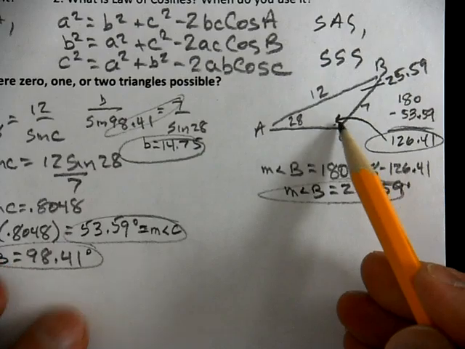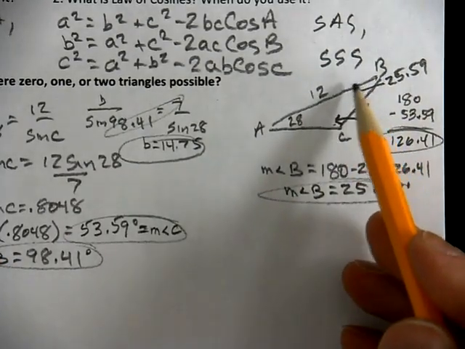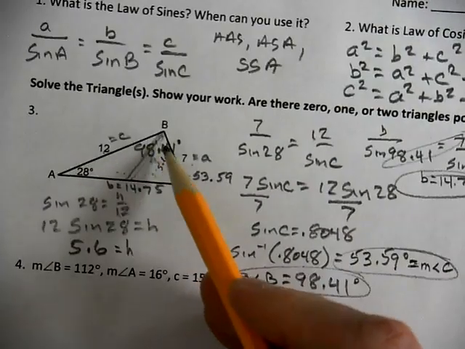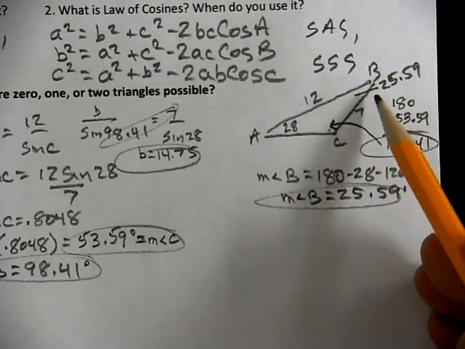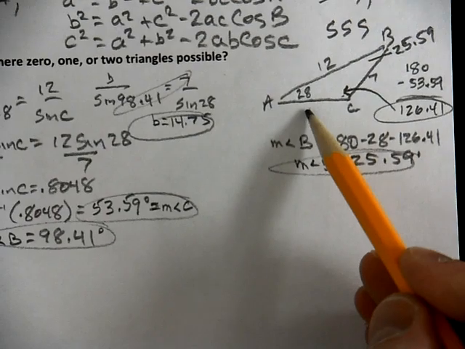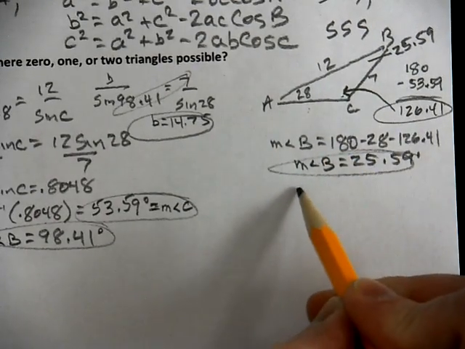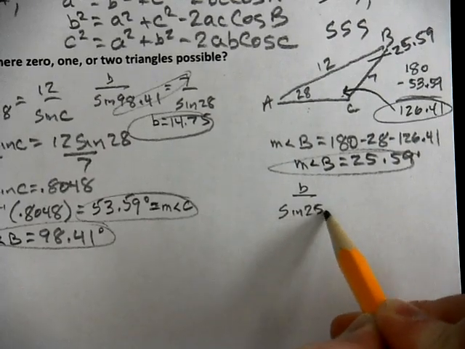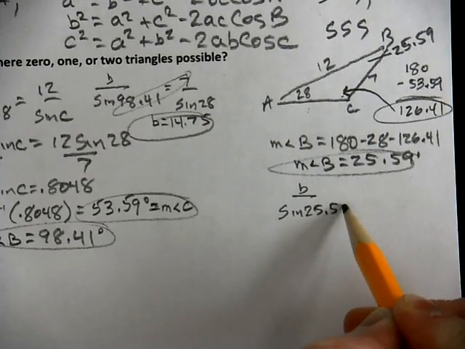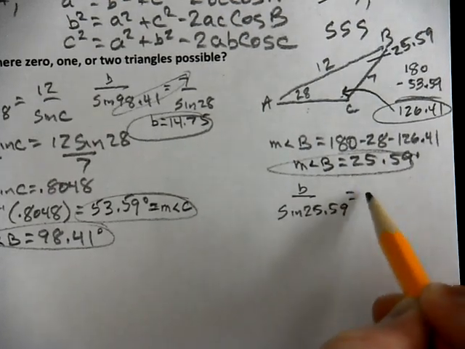When we use this as an obtuse angle, that angle B is going to get much smaller than 98. Because it swings in, it makes that angle smaller. So all we don't know is this side B. That's B over the sine of 25.59.